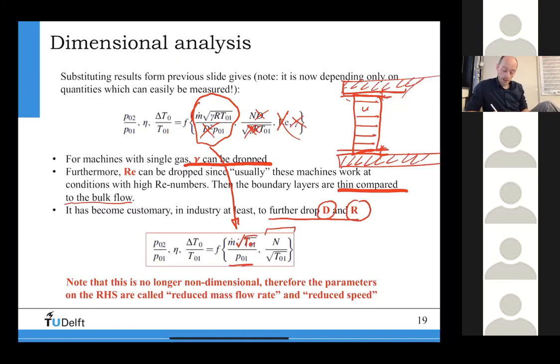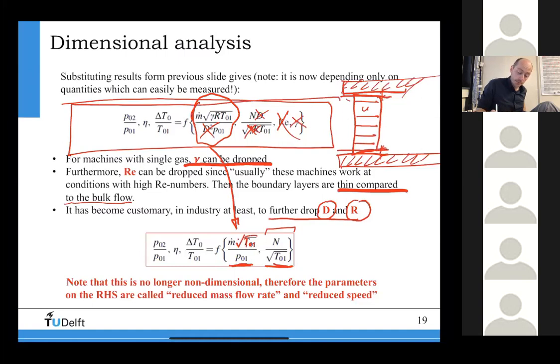It's not non-dimensional, but usually the performance maps that you will find from industry have these parameters, the reduced properties, on their axes. Okay, you will see it now. But if you want to do a scaling analysis between different machines, you of course need to use this equation.